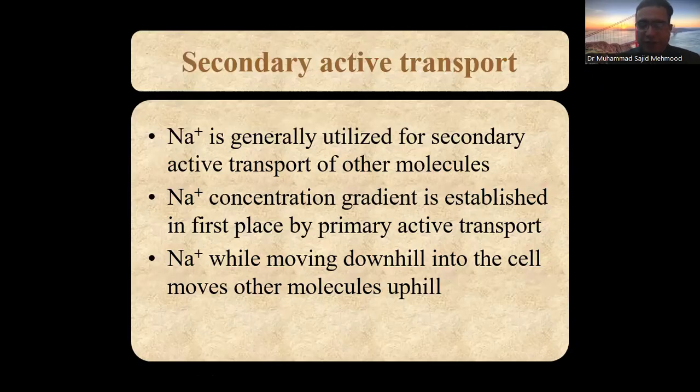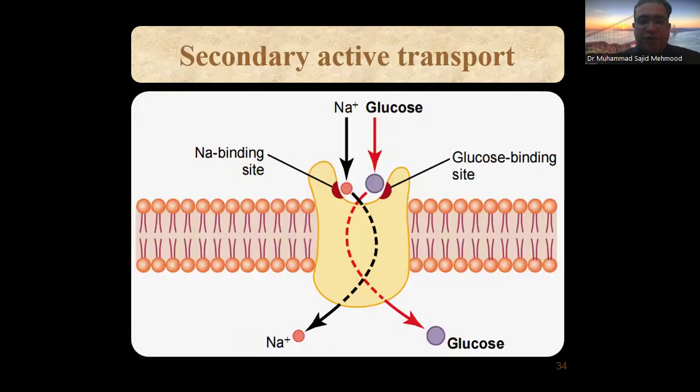And there is also counter transport occurring, in which sodium ions will be moving inside the cells while other molecules will be moving outside the cell against the concentration gradient, and that movement is called counter transport.